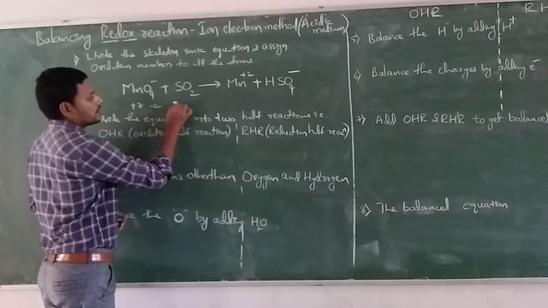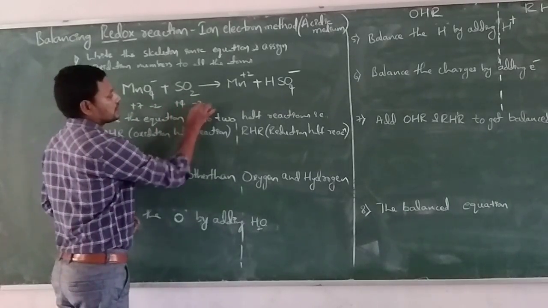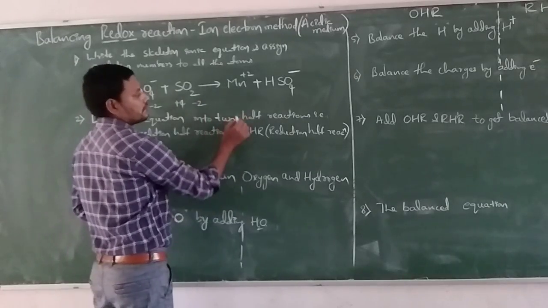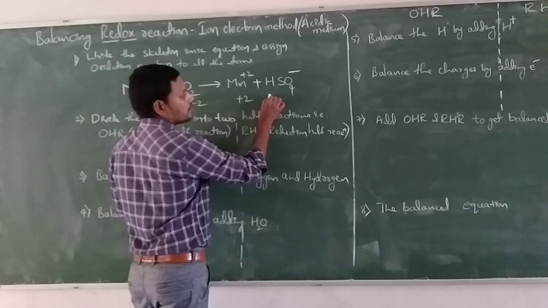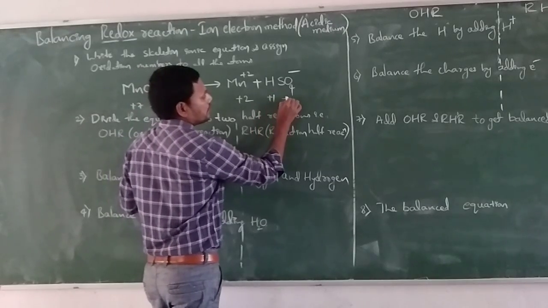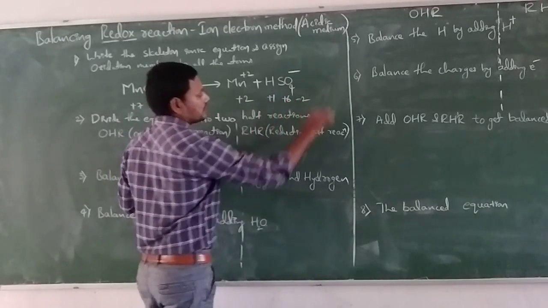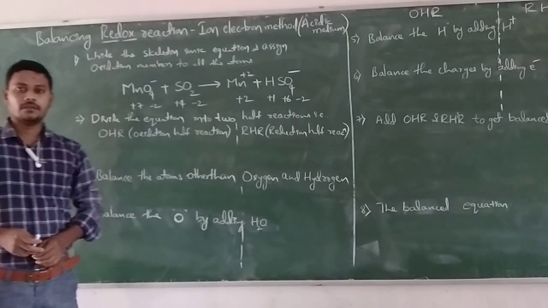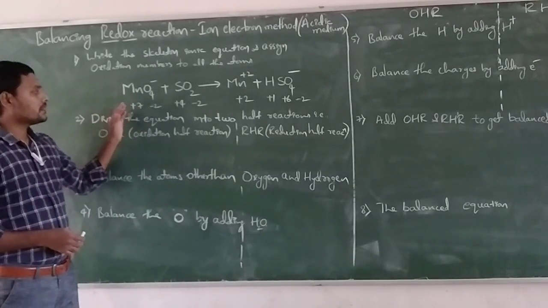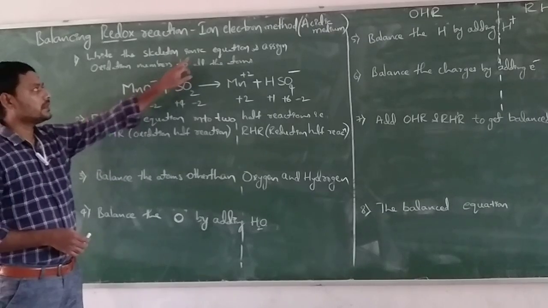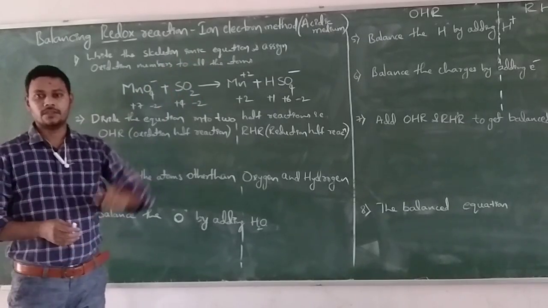Sulfur here is plus 4, oxygen minus 2. This is a free ion, so plus 2 oxidation state. Hydrogen plus 1, sulfur plus 6, oxygen minus 2. Like that we have to calculate the oxidation number of each and every atom in the skeletal ionic equation.